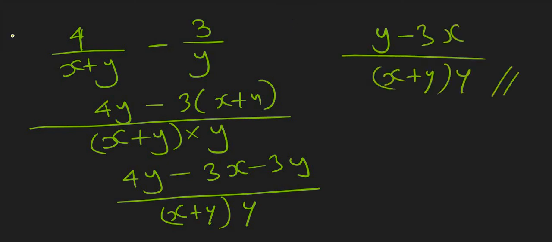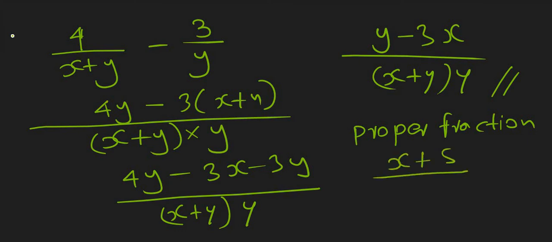Now there are proper fractions and improper fractions. A proper fraction is where the numerator is less than the denominator. That is to say, the highest power of the numerator is less than the highest power of the denominator. Now this is a proper fraction, because the highest power of the denominator is 3, but the highest power of the numerator is 1.